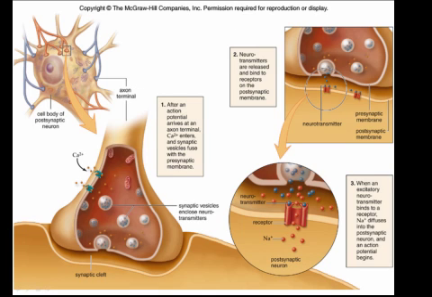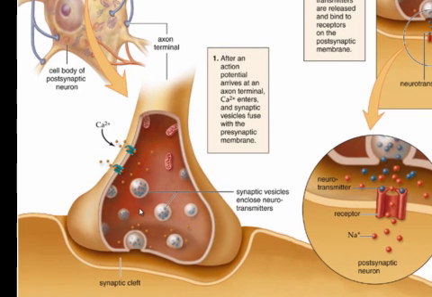This is an enlargement of that diagram. Here, kind of on the middle left, you see the presynaptic neuron, the axon bulb. This is the one that's sending the message. Whenever the action potential reaches the axon bulb of that presynaptic neuron, it causes some voltage-gated calcium channels to open.